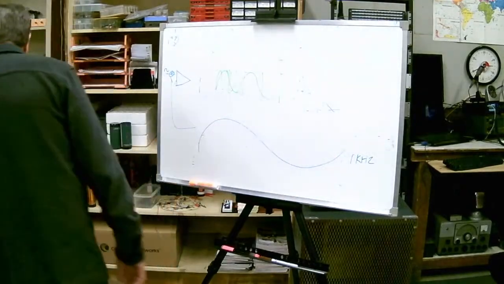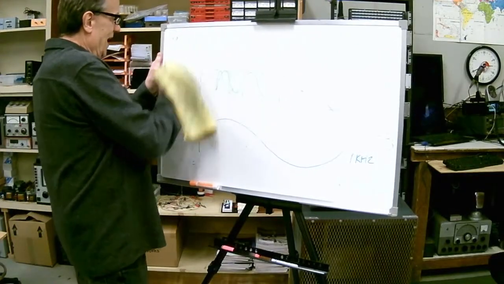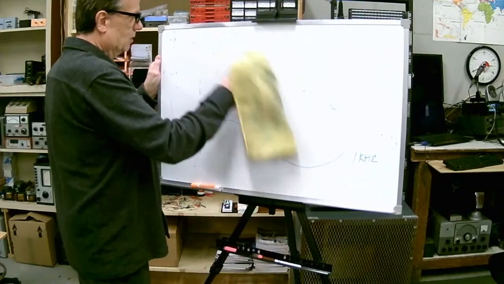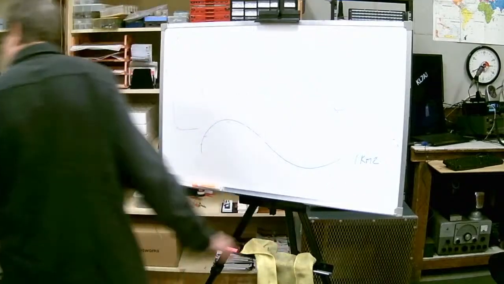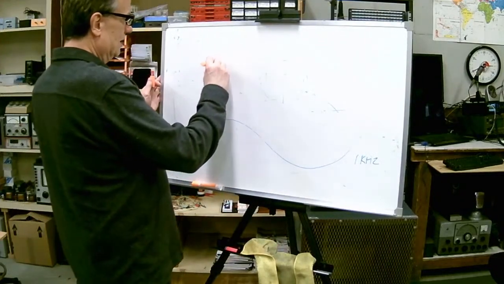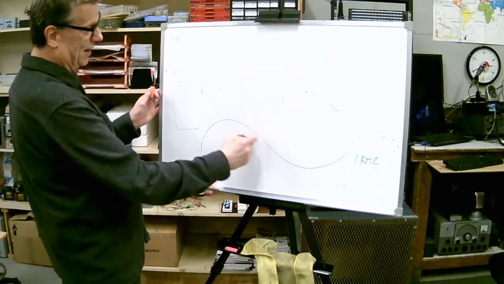This is what makes modulation different than just adding. If I were to just take two frequencies and add them together, it wouldn't give us much of anything. This is our carrier, and we just added this to it.